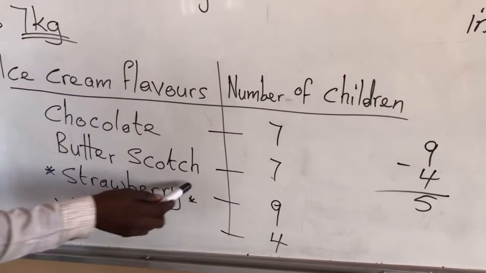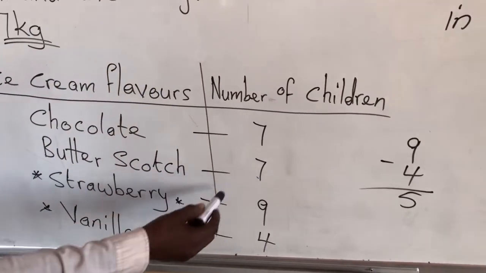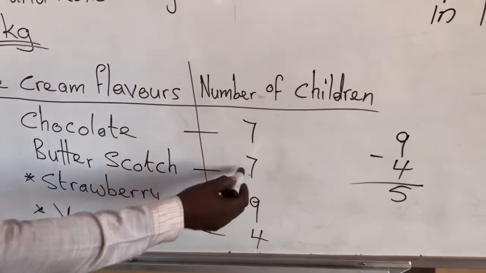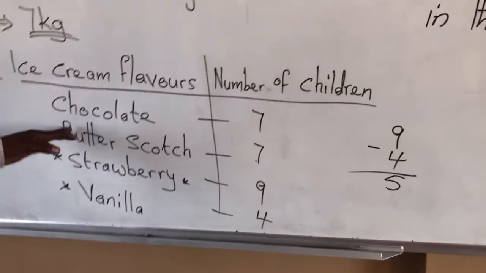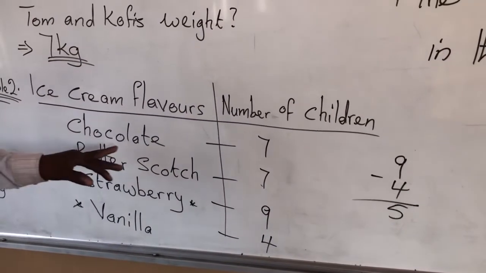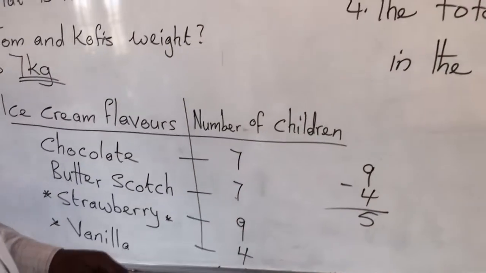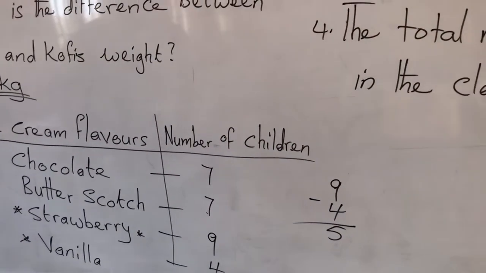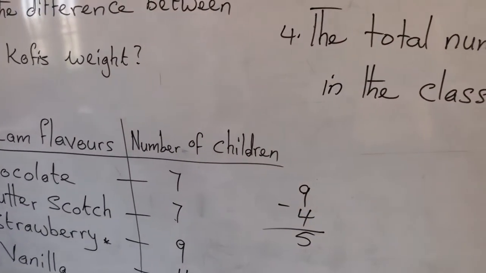First, I made a mistake of writing 2 here, which is a mistake. It should be 7. So you realize that chocolate and butterscotch are the flavors both equally liked.